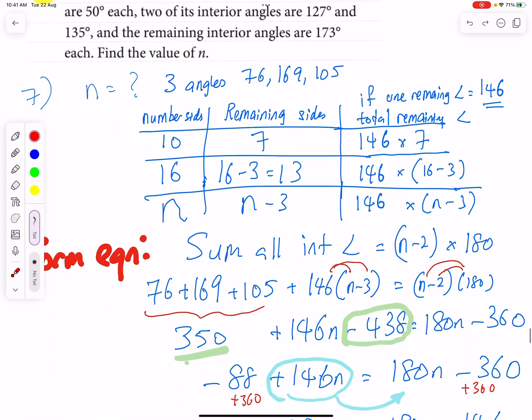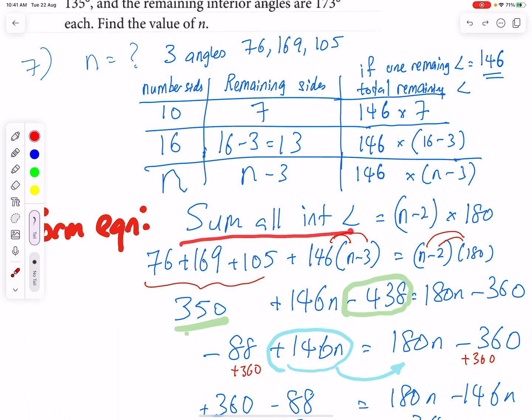So forming the equation, sum of all interior angles, n minus 2 times 180. The 3 angles are given. The remaining will be 146 times n minus 3, right? Because I have n minus 3 remaining angles. And this is n minus 2 times 180.